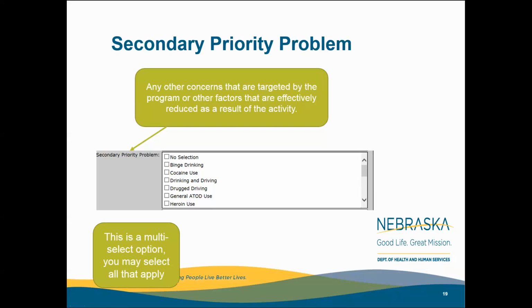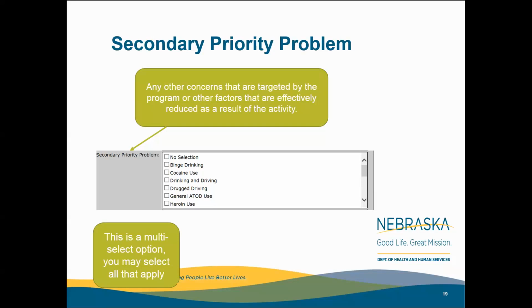Well, if you just went through and checked every substance, your program is going to come up, but if you were really looking at general alcohol, tobacco, and other drugs, and cocaine was just one drug that was thrown in the background of the curriculum, it might be sort of incorrect to say that that curriculum really addressed cocaine use. So I hope that makes sense.